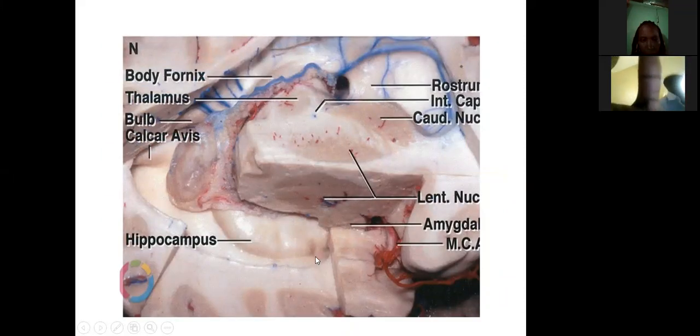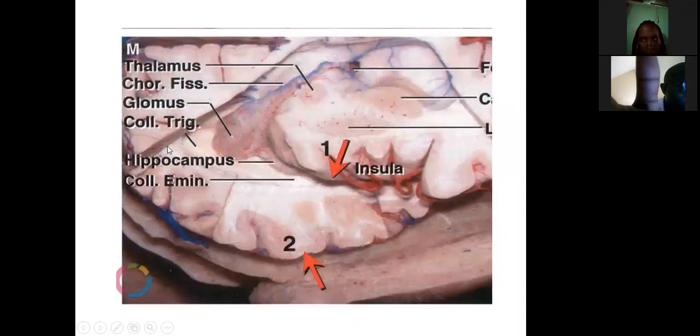So another representation, the hippocampus here, the amygdala just ahead. We have the glomus just behind at the level of the atrium, and the collateral prominence that extends here. Collateral eminence, collateral trigon, the atrium, and then the glomus and the surrounding structures of the temporal horn.